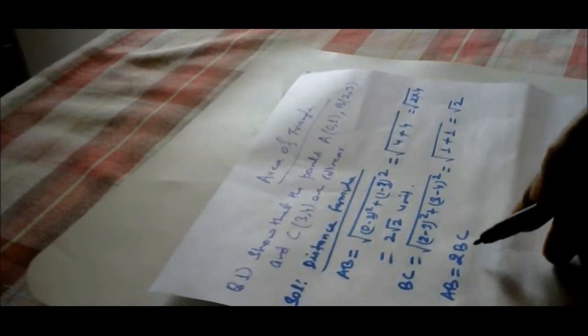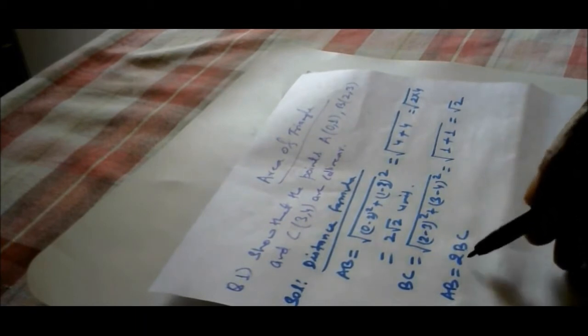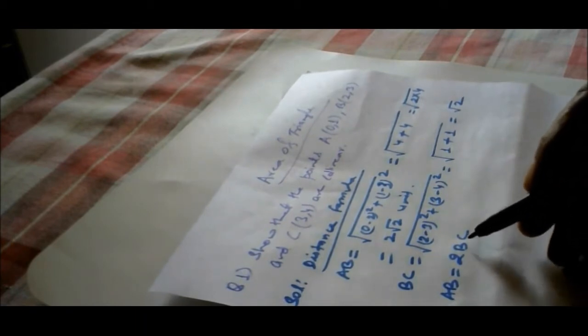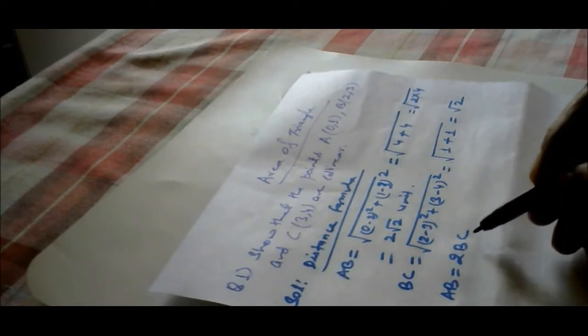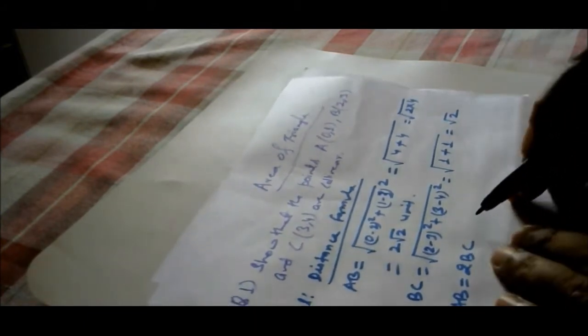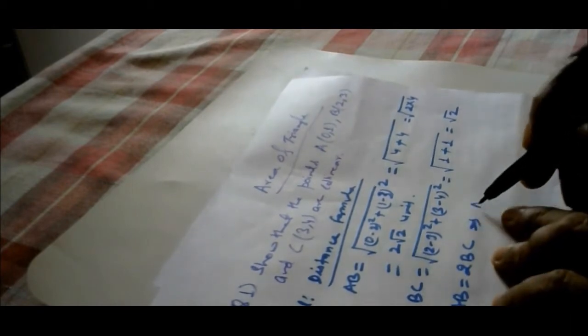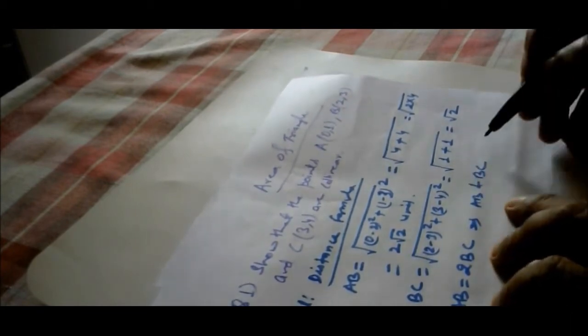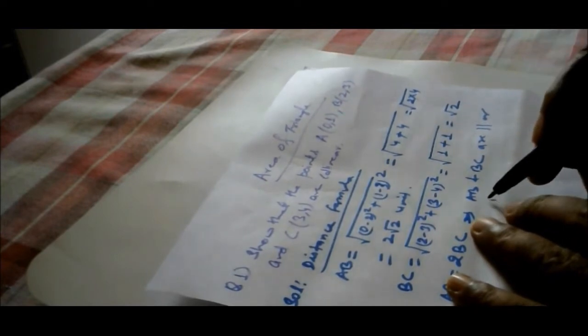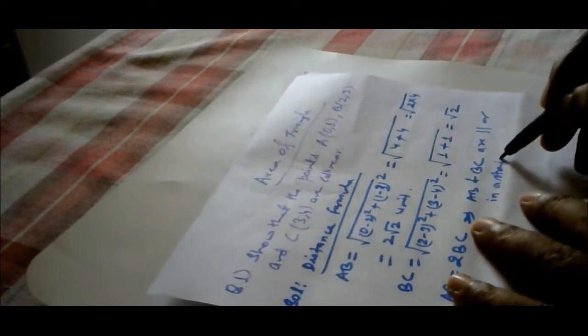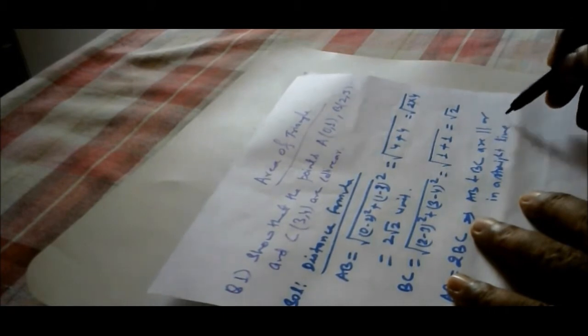Once this type of relation is there, AB equal to K times BC, where K is any constant, in that case AB and BC may be parallel or collinear. Collinear means in a straight line; it may be parallel also.